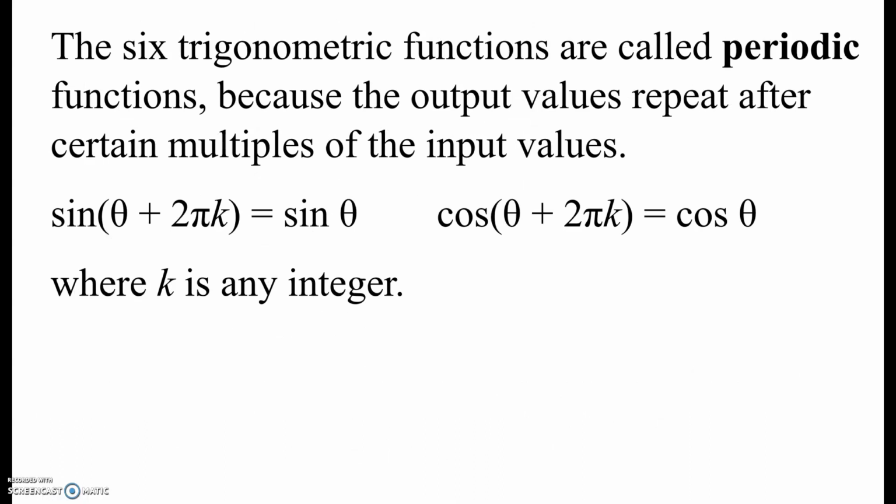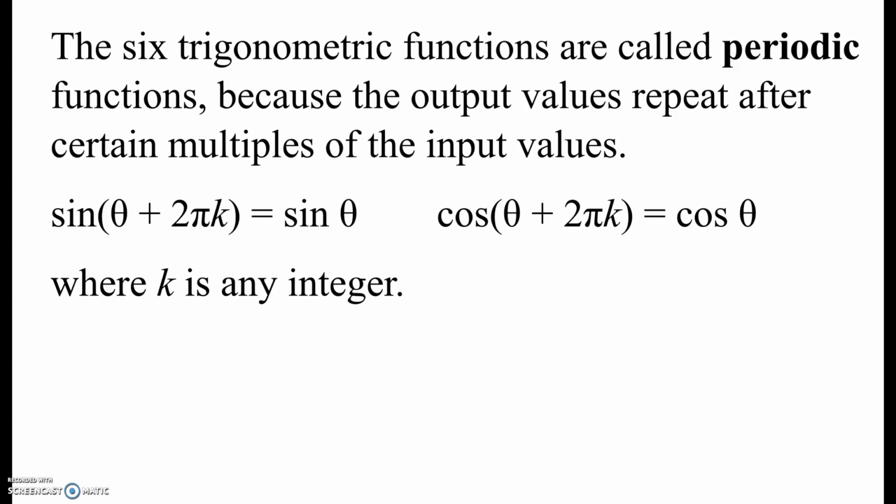One of the interesting properties of the trigonometric functions is the fact that they're periodic, because the output values repeat after certain multiples of input values. For instance, sine and cosine both repeat after periods of 2 pi.